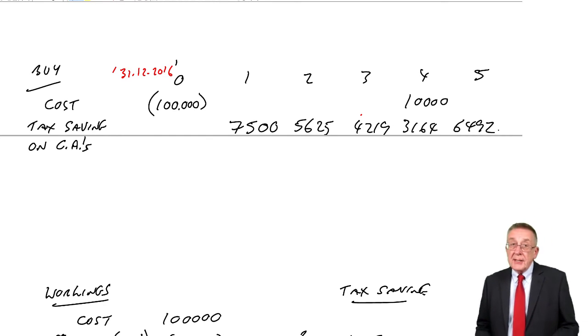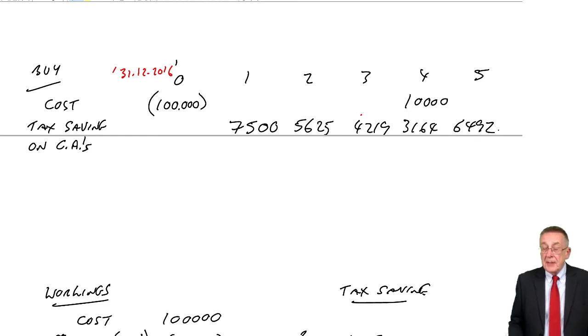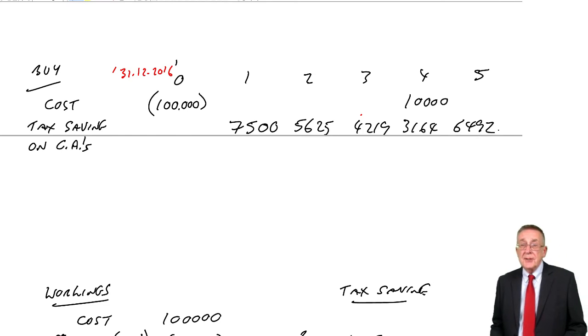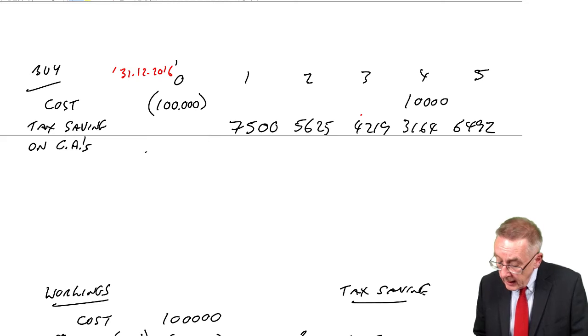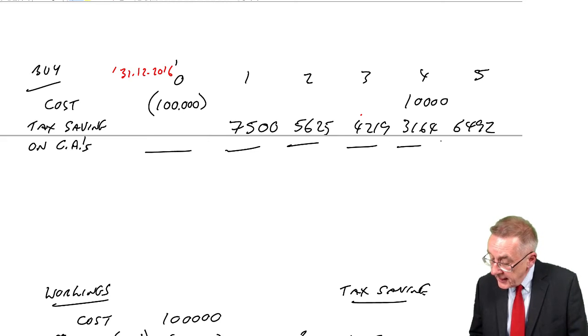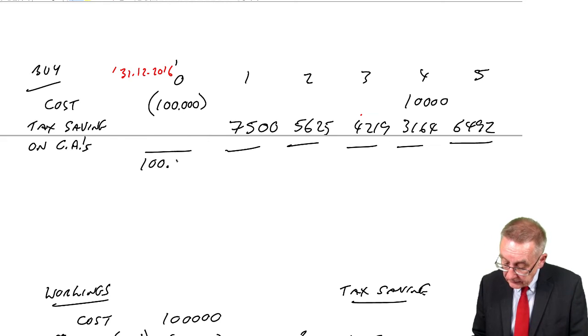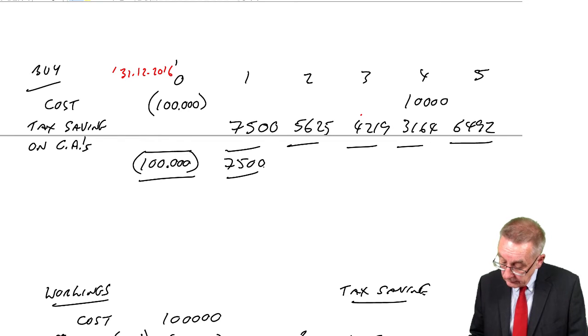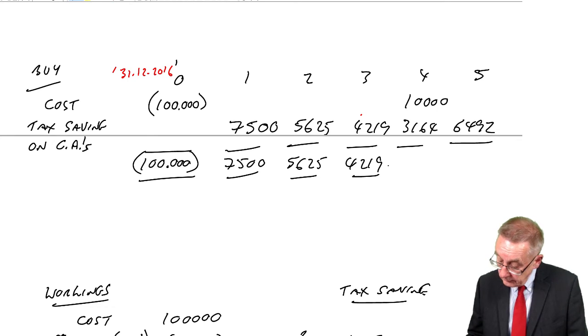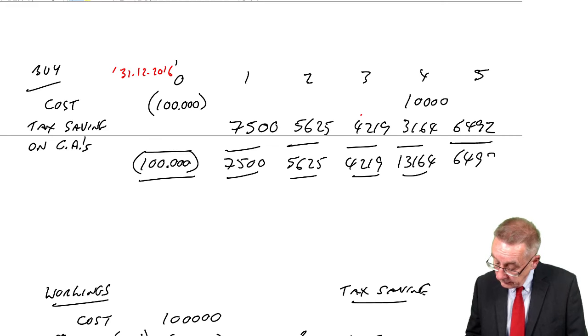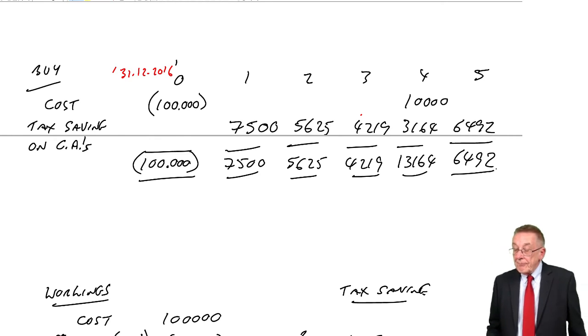If you're still worried about the tax, I'll give you a rule later, but as I say, it's only in these questions that it becomes a problem. But I'll give you that later. The net cash flows, there we are.